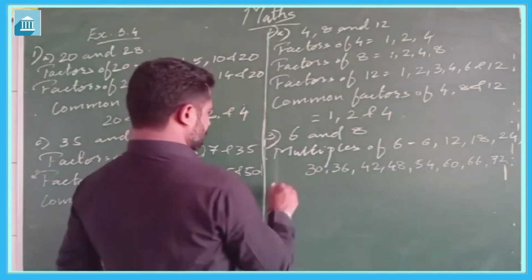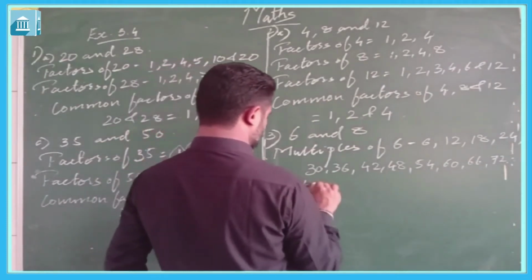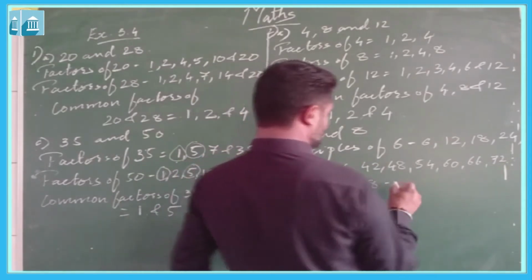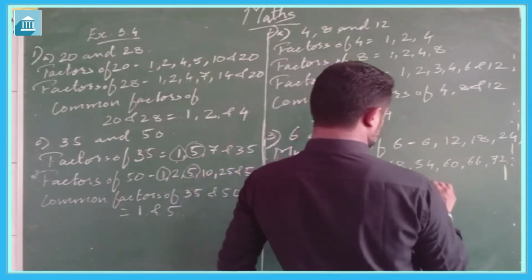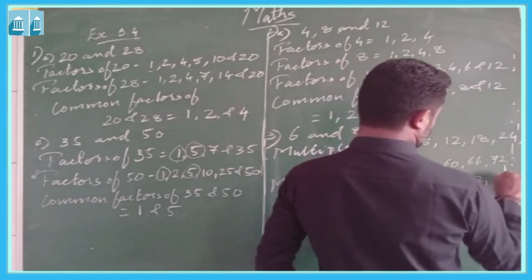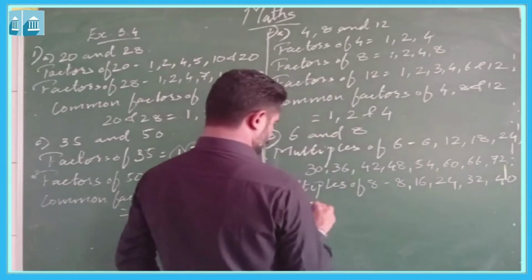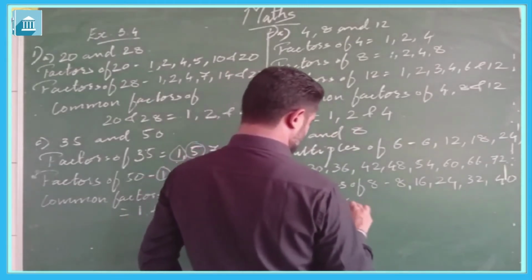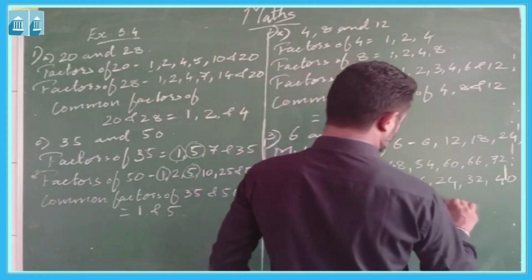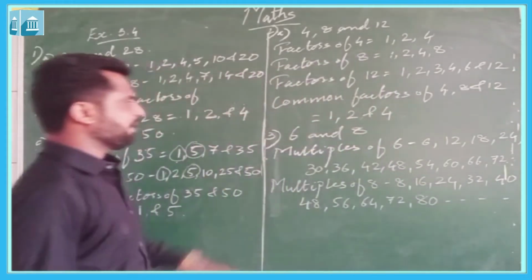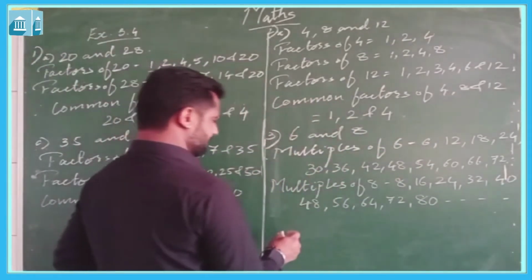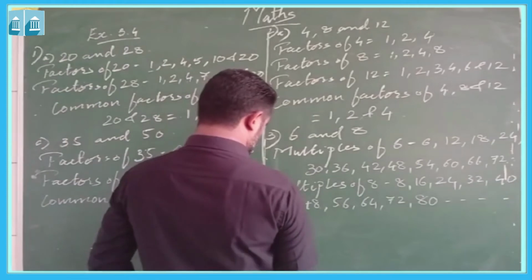In the same way, multiples of 8 are 8, 16, 24, 32, 40, 48, 56, 64, 72, 80 and so on. Now we have to find the first 3 common multiples of 6 and 8.